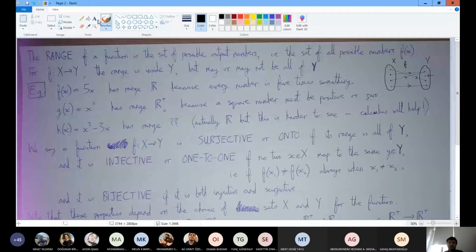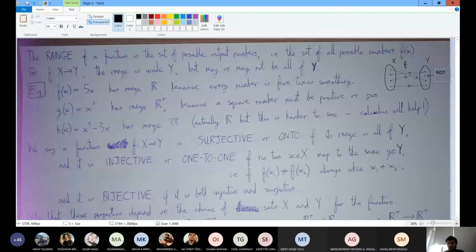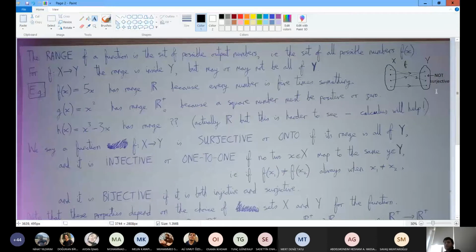And because of that, this function is not surjective, because there is a point in y which is not hit by any arrows. Okay, surjective is relatively easy to understand.